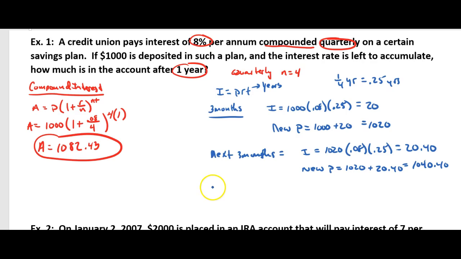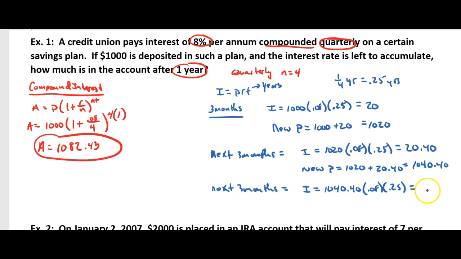$1,040.40. Now the next 3 months, that would be I equals 1,040.40 times 0.08 times 0.25.